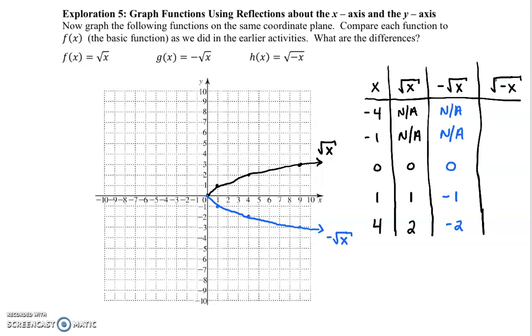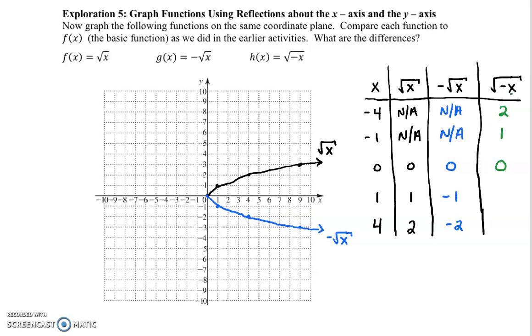Now let's go back and do the one with the negative under the square root. So this changes what values of x are allowed. Because now, if we put -4 in, we have negative of -4, which is a positive 4. And when we take the square root of that, we get 2. Same thing works for -1 and 0 because 0 is neither positive nor negative.